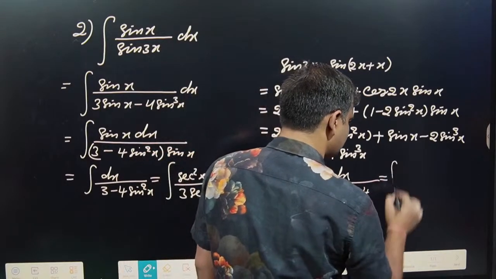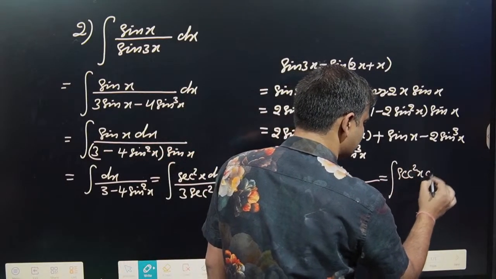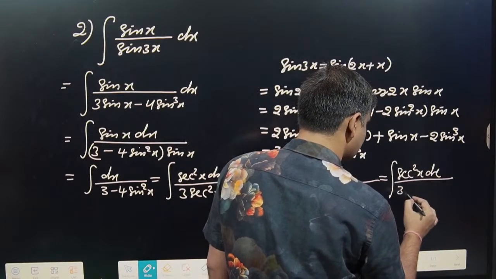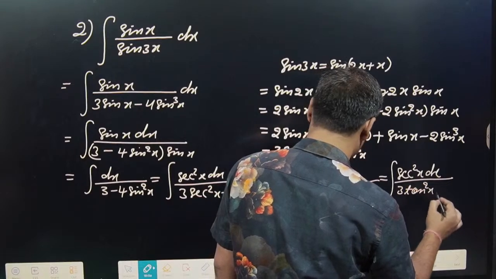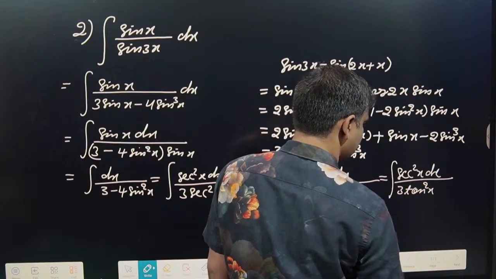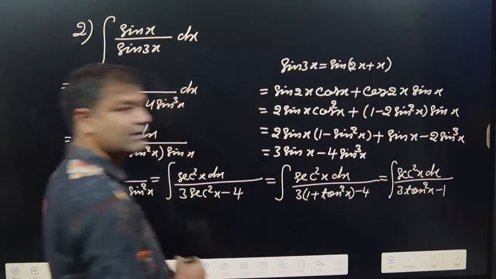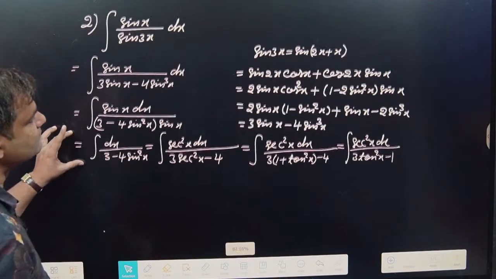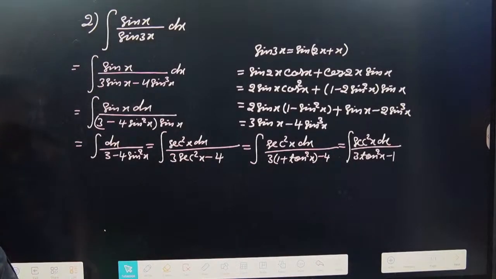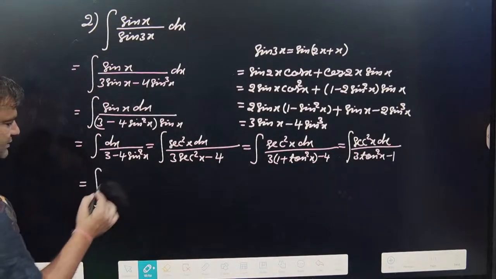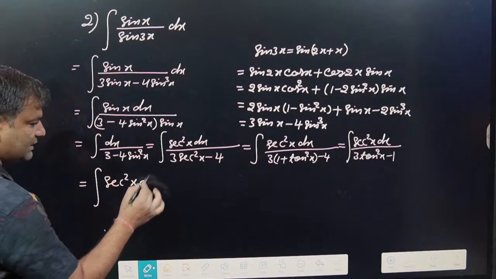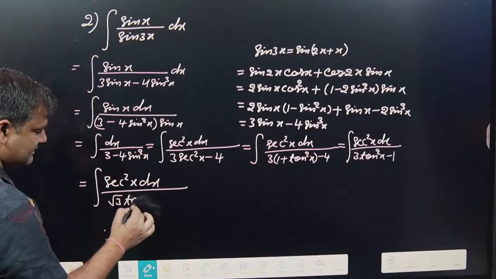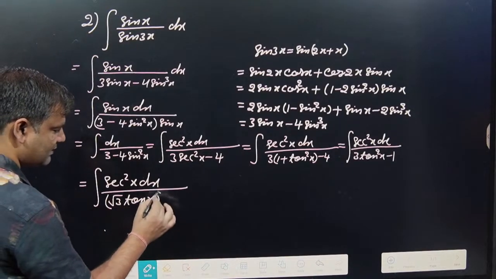So that one is sec square x dx divided by 3 tan square x minus 4 plus 3, simply minus 1. Okay, look here very carefully. This one is sec square x dx divided by root 3 tan x, the whole square, minus 1.